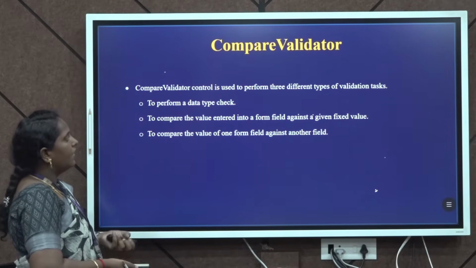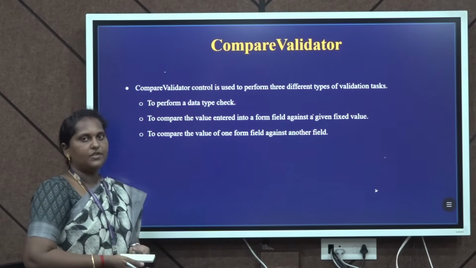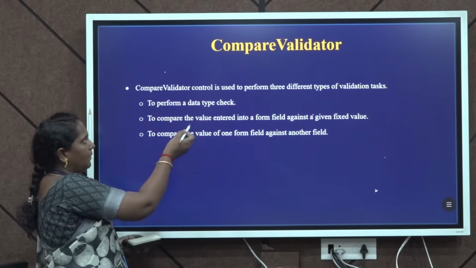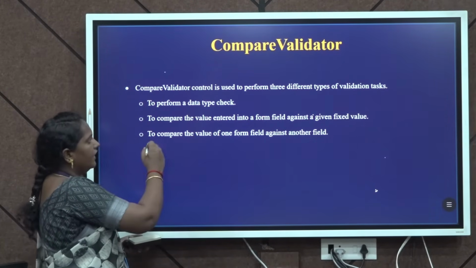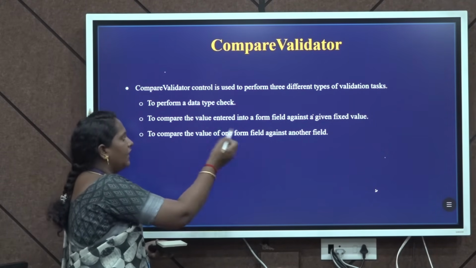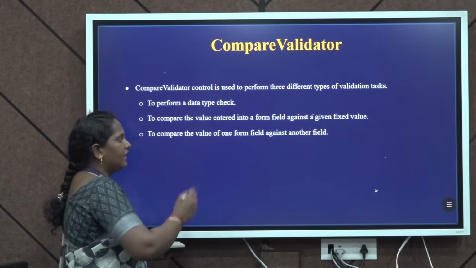And the next one is the compare validator. This compare validator is mainly used to compare two different fields. Here we can perform a compare validation for checking data type, we can compare against a fixed value, and we can compare the value of one field with another field.